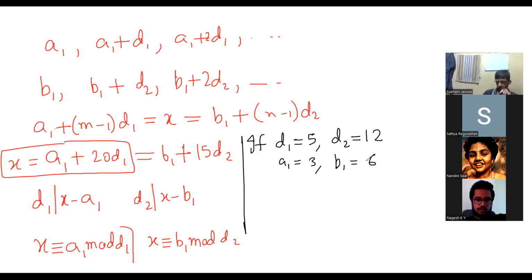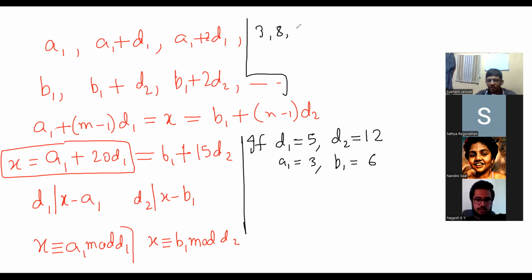Yeah, you can just write the equation 3 plus 5d is equal to 6 plus 12d. So you don't even have to write the arithmetic progression. Yes, that's a more mature way to do it. But even if you just write the AP, you will see at some point that they match. So let's first do that for us.